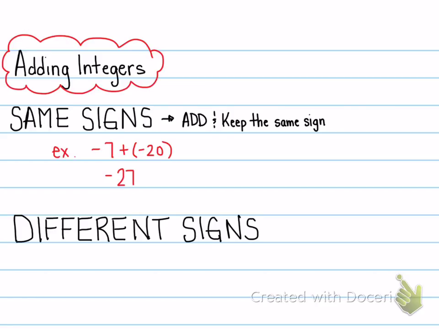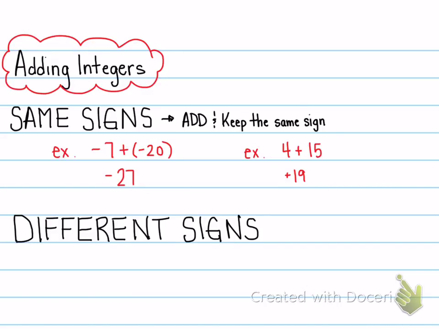Same thing happens with positives. If I have 4 plus 15, if I have 4 positive tiles and 15 positive tiles and bring them together, I have 19 positive tiles. It doesn't change. Even with the number line, -7 and -20 will take you left 7 and left 20. You'll be at -27. 4 plus 15, you go right 4 and right 15. You'll be at positive 19.